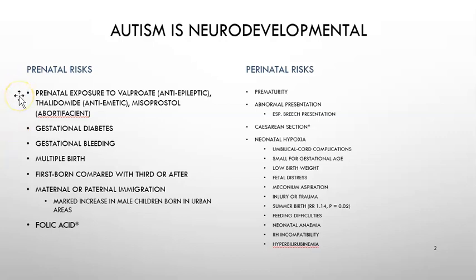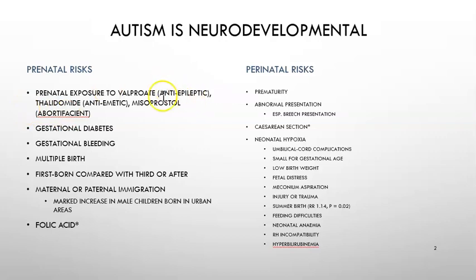So some of the first prenatal risks, we've got the prenatal exposure to valproate. This is an anti-epileptic drug. Also exposure to thalidomide and misoprostol. So these are all drugs that the mother may be taking for a different reason.